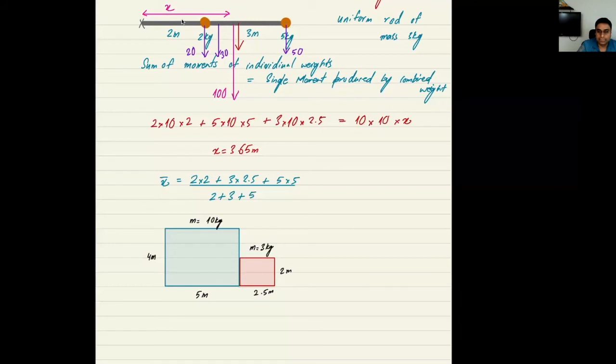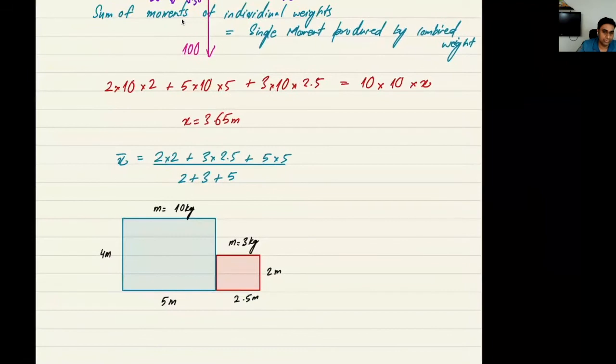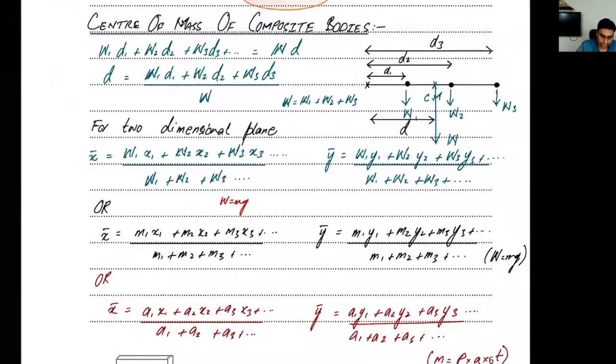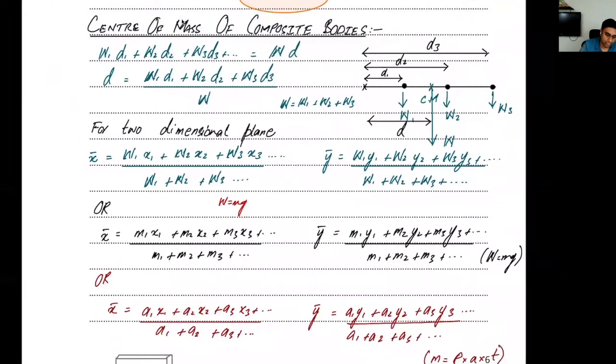And I can split this up into two rectangles, and I could be looking to find out the center of mass here as well. So this is a two-dimensional situation. You have a similar formula, just like you have a formula for x bar, which is the x coordinate of the center of mass.